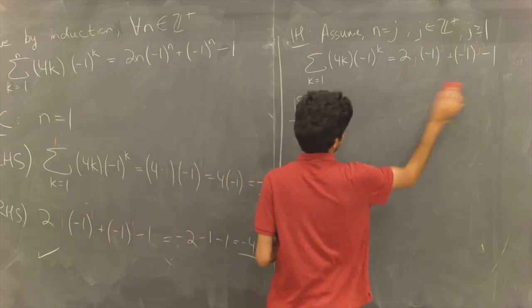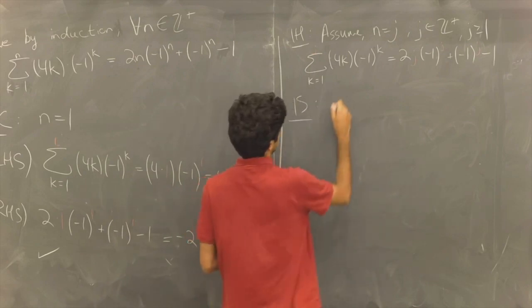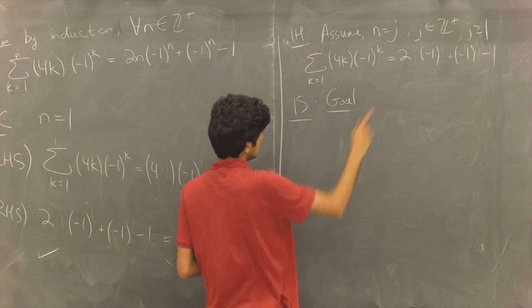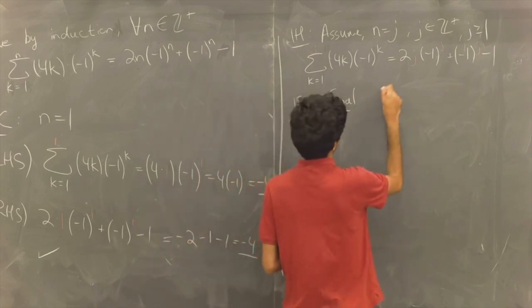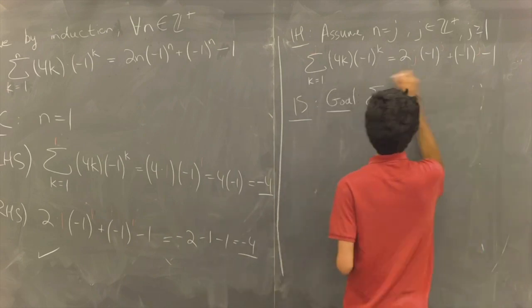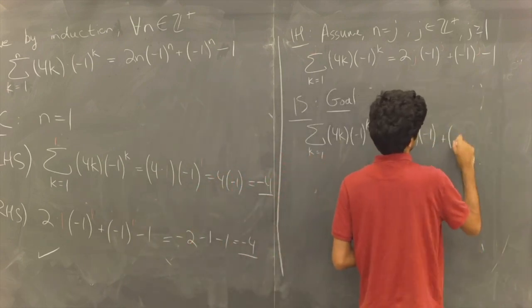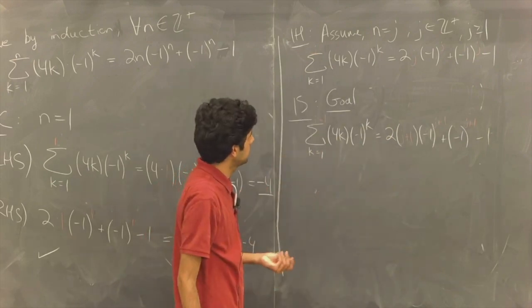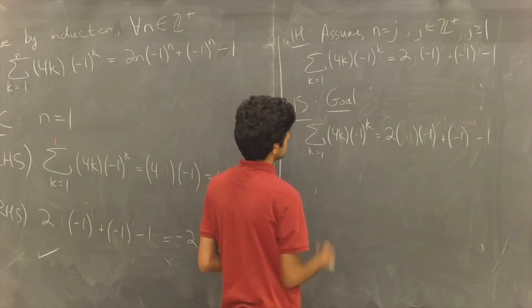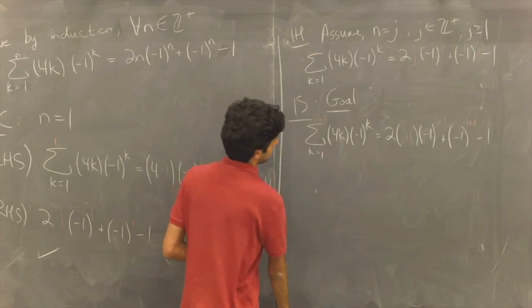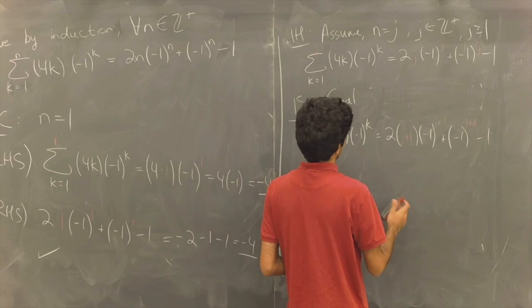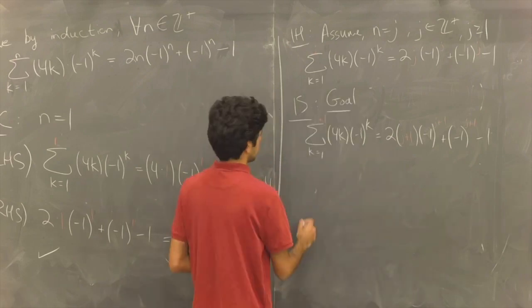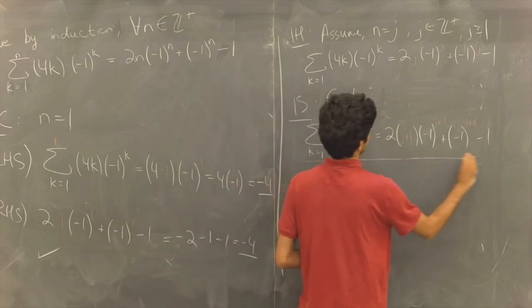So our goal is to show basically the same equality except with j plus 1 now. So this is what we intend to show. For now, I'm just going to focus on this left-hand side. So this is sort of my goal.